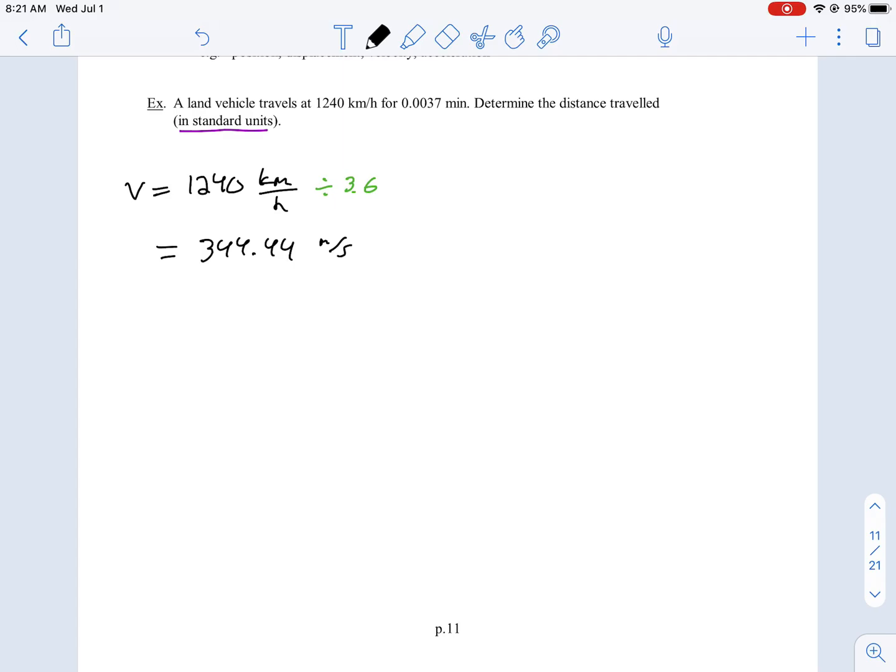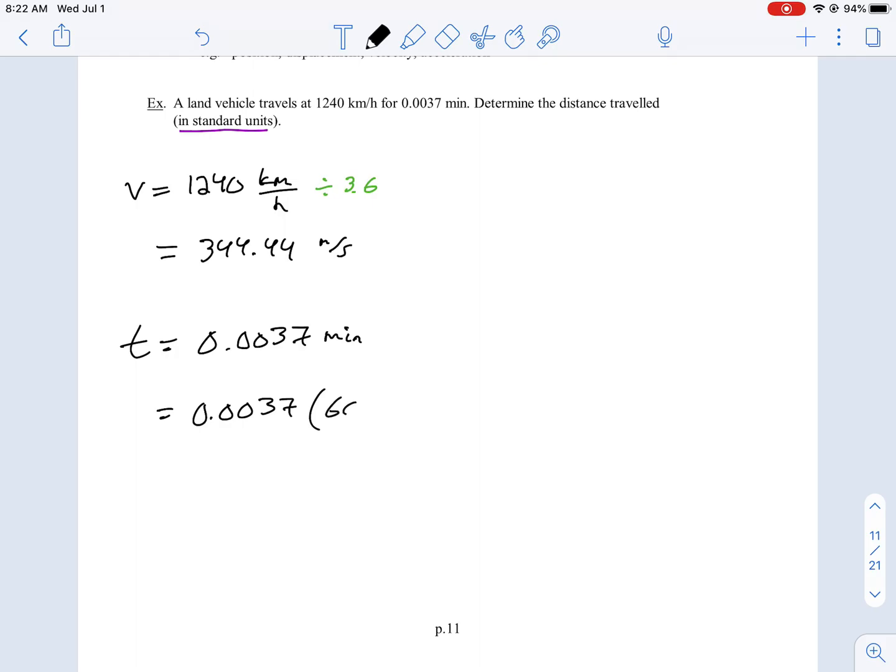Next thing we have is 0.0037 minutes, and that's time. Now we want to convert that to seconds. Here's a really quick way of doing so: 0.0037 minutes, but how many seconds are in a minute?